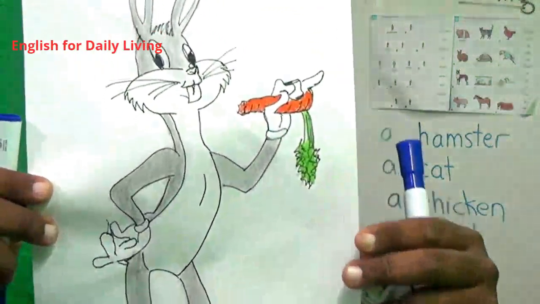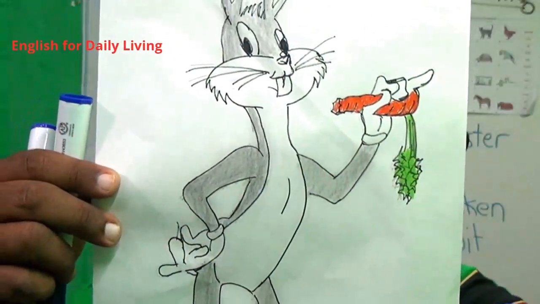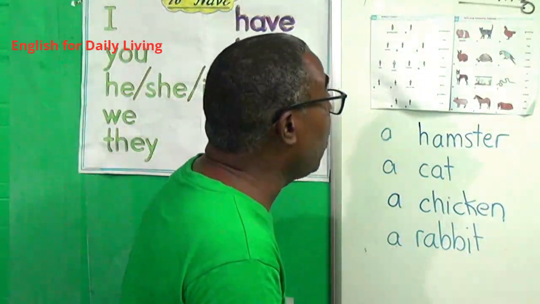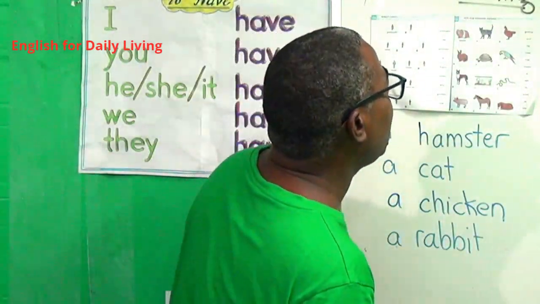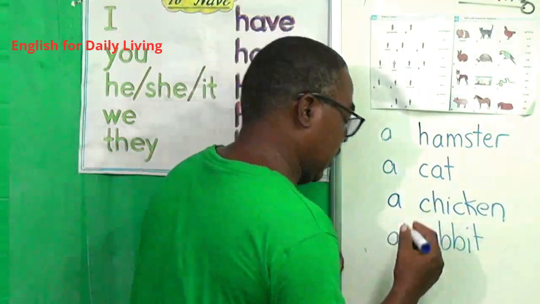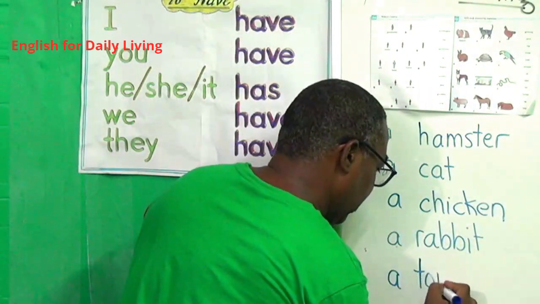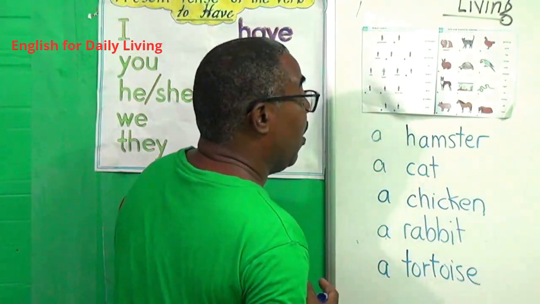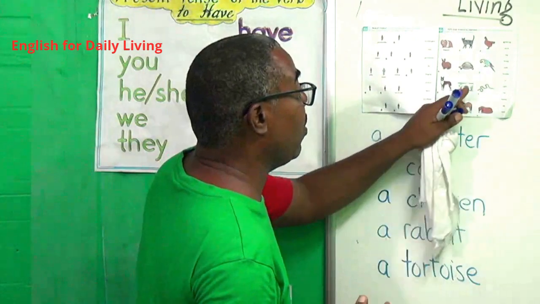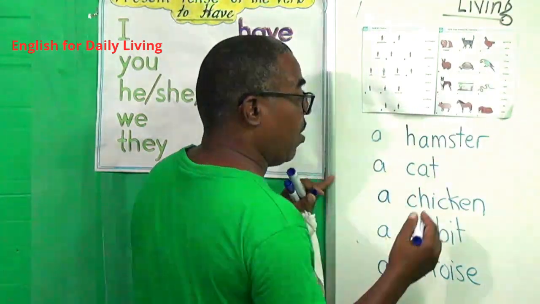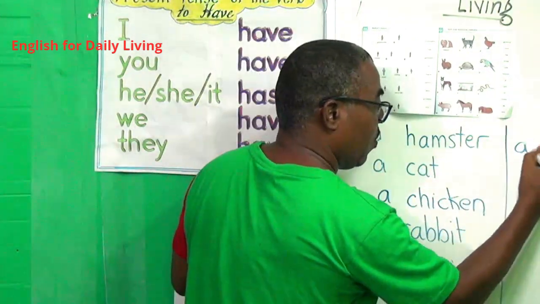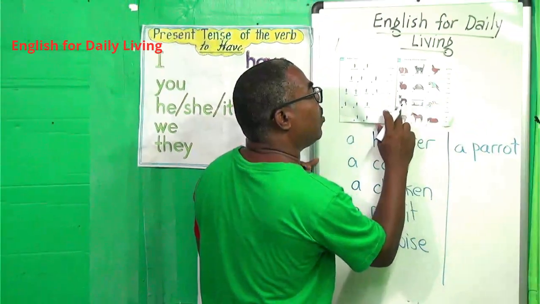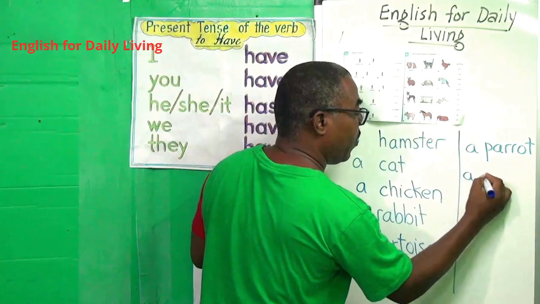So we have a rabbit here. It's a duck. And then the next one we have is a tortoise, a turtle. And then we have a parrot. Then next we have a dog.